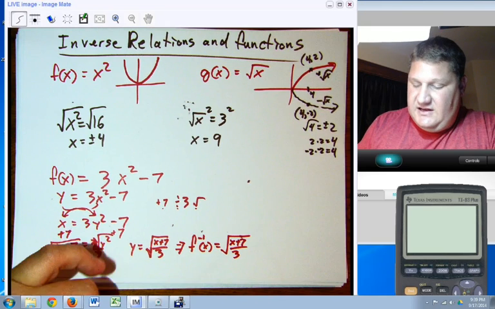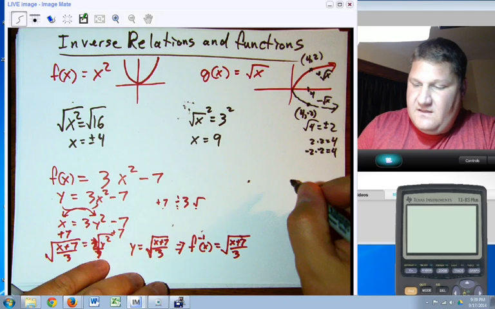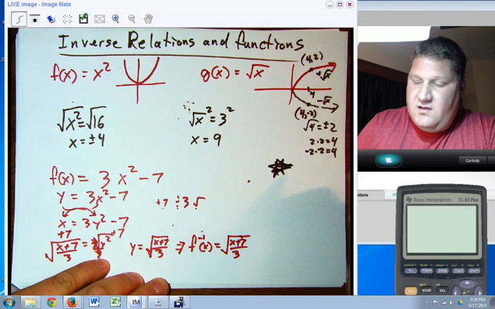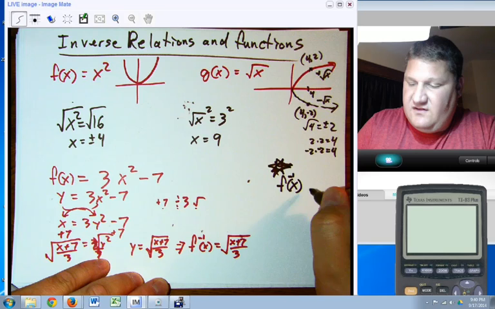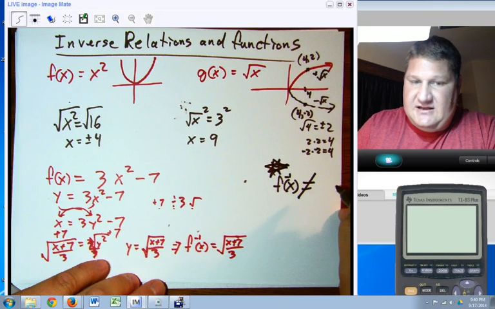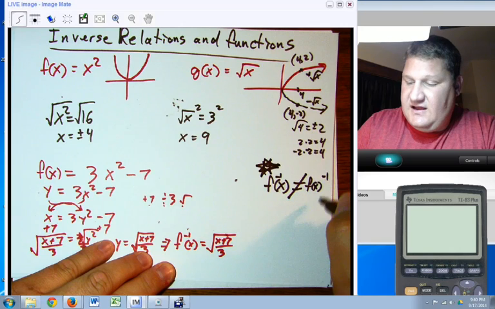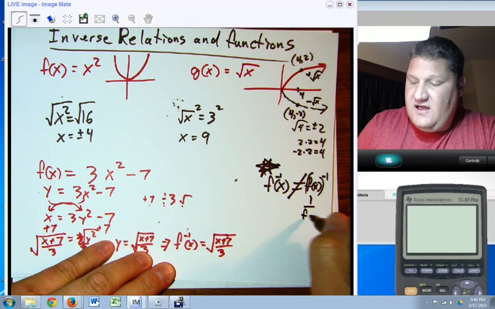Now, ladies and gentlemen, I want to clarify something for you. I want to clarify that f inverse of x does not mean f of x to the negative first. f of x to the negative first means 1 over f of x.